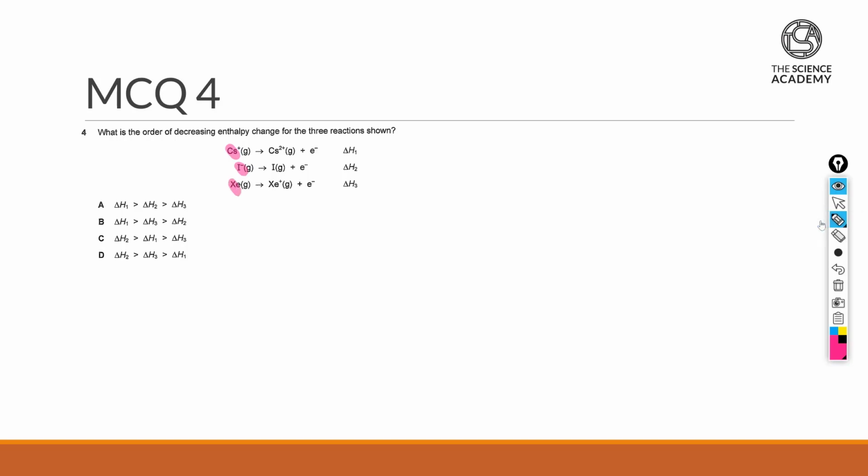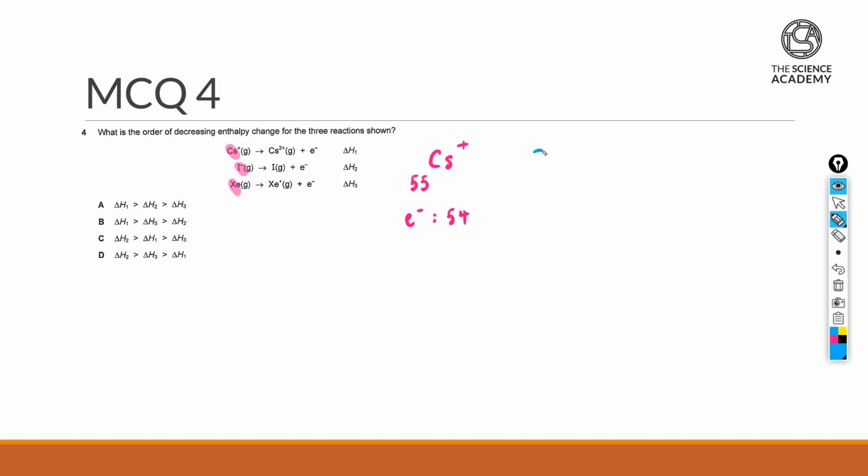So writing out their electronic configuration, we have cesium plus, which initially started out with a total of 55 electrons. After becoming cesium plus, the electron count would have been 54.